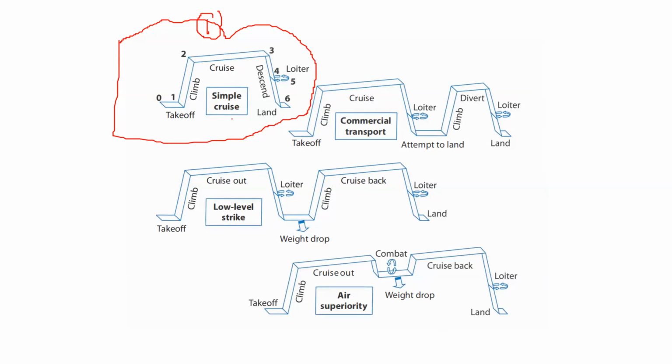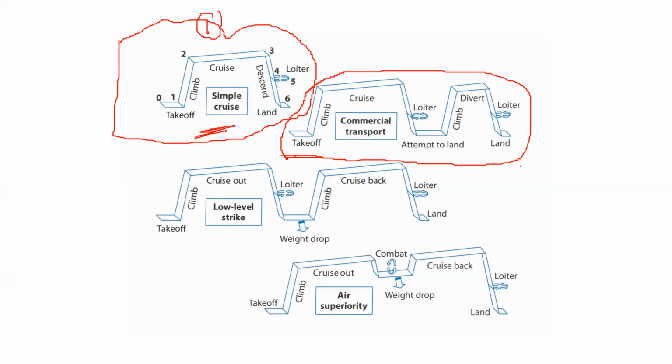All right. So this was a simple passenger cruise aircraft. Now this one is a commercial transport aircraft. So it's slightly different. Anyone wants to explain to me what is the difference? Sir, the difference between this simple cruise and commercial transport aircraft is that in simple cruise, the passenger aircraft takes off from one airport and lands at another airport.